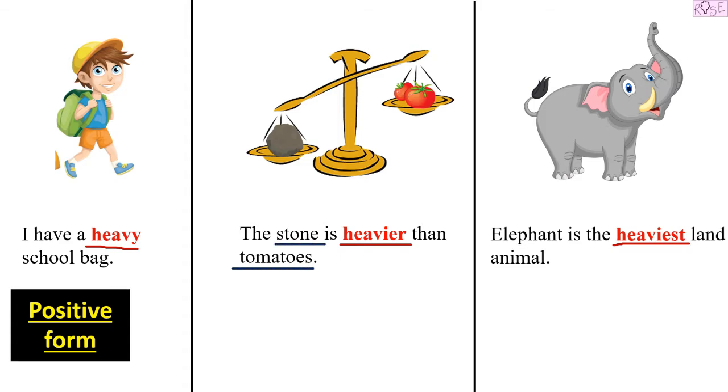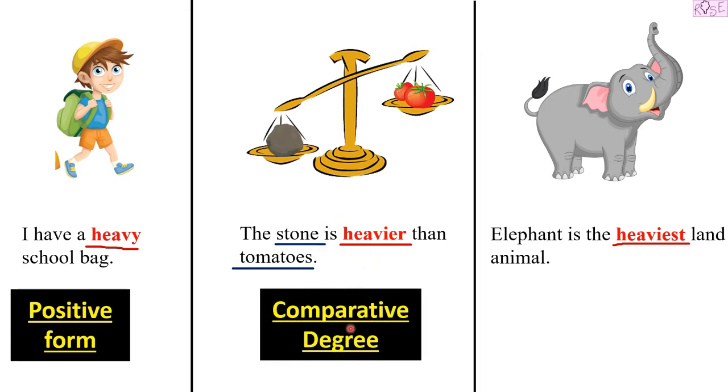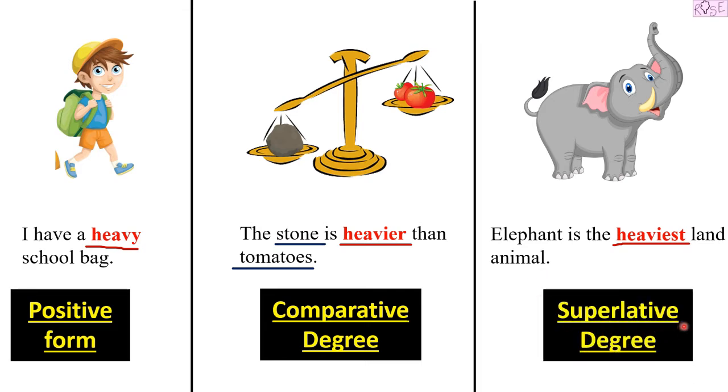So it is the comparative degree of adjective. Last we have: Elephant is the heaviest land animal. Here heaviest is comparing elephant with all the land animals. It is comparing one thing with many other things. So this is the superlative degree.